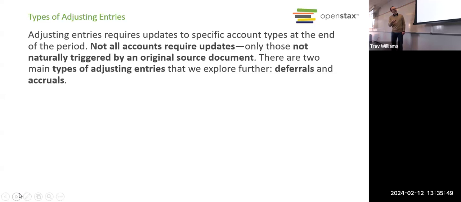We have deferrals and we have accruals. So a deferral is when the money changes hands now, but the related action hasn't happened yet. And accruals are the opposite.